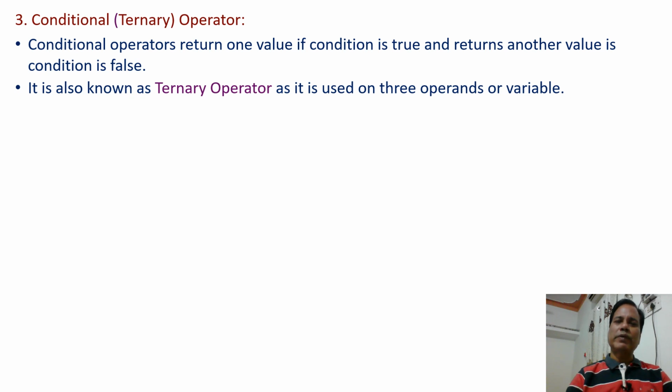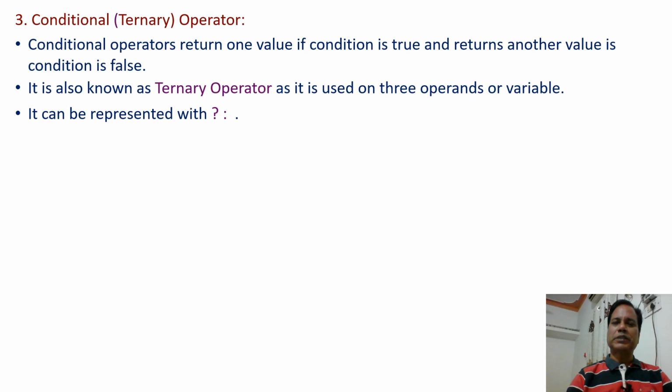In this one we will see that we are using three operands, whereas in the case of the assignment operator, addition operator, or multiplication operator, two operands are used. But in the case of the conditional operator, we use three operands, and it is represented with the question mark and colon symbols.